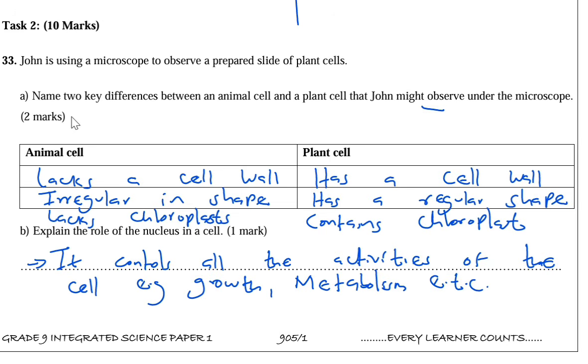Also, it carries the genetic material of the cell. So that is another function. It carries the genetic material of that cell, that is the DNA. So we get that 1 mark.